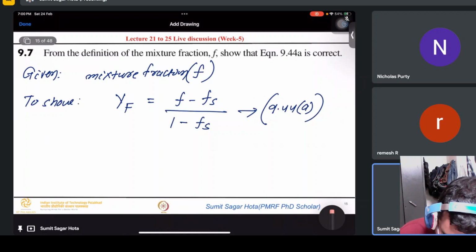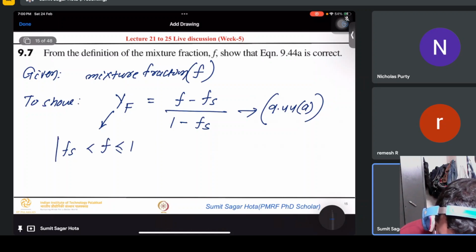For this YF, the fuel fraction, F stoichiometric is always less than F. This is the condition inside the flame.